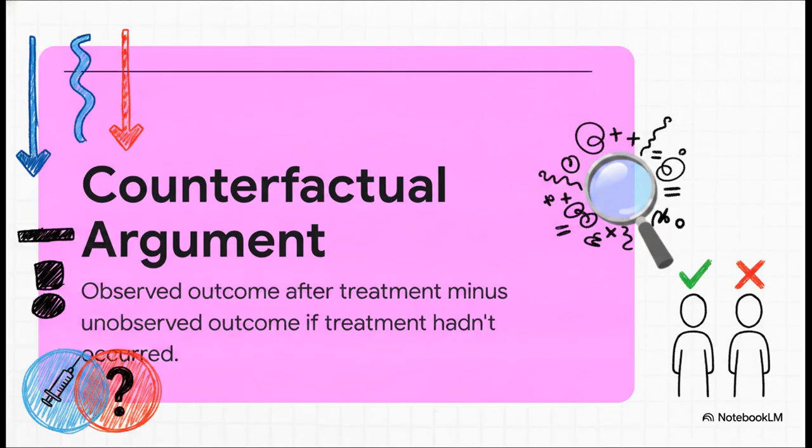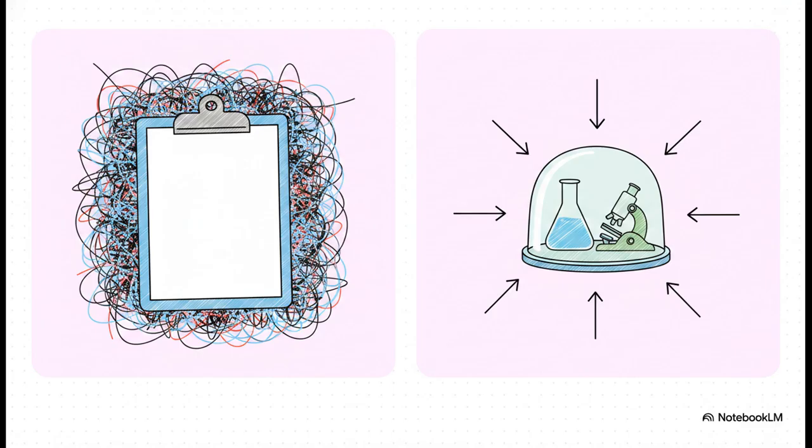That's our counterfactual. Which brings us to a major dividing line in how we gather information: survey studies versus experimental designs. Think about those employee satisfaction surveys you fill out at work, or quick online polls. They are fantastic for scooping up huge amounts of data, but they're generally just correlational. They have very limited control. Basically, they just show us that two things are moving together, kind of like ice cream sales and sunburns.